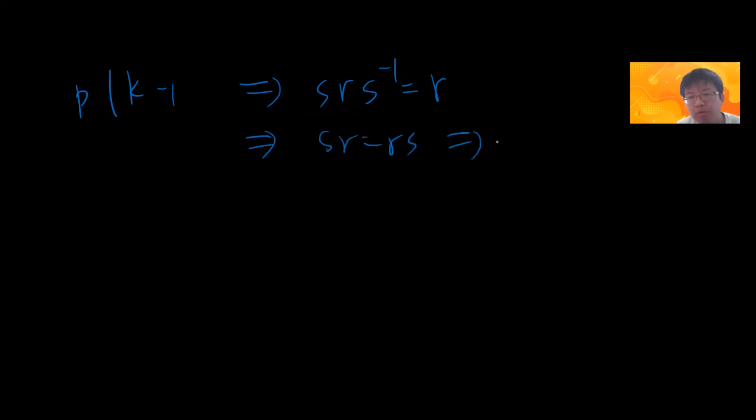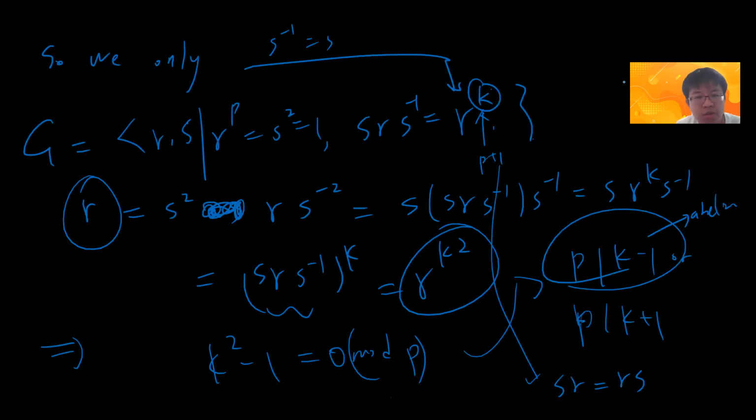If P divides K minus 1, that means S R S inverse is just R, so R commutes with S. So it gives you the abelian group, which is just Z_P cross Z_2. Because their generators commute, they commute.